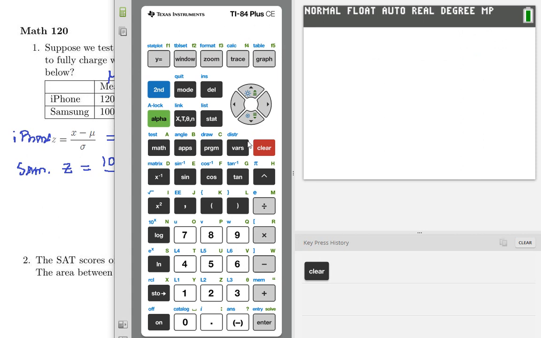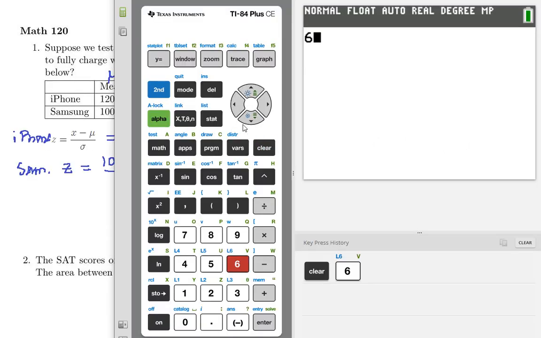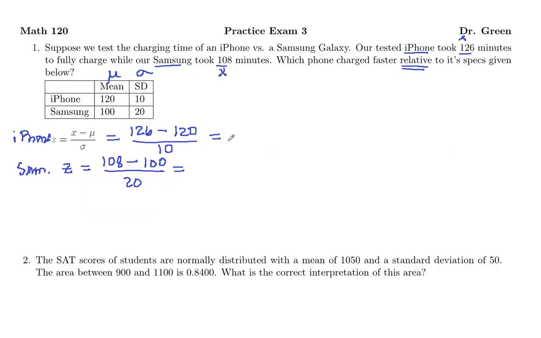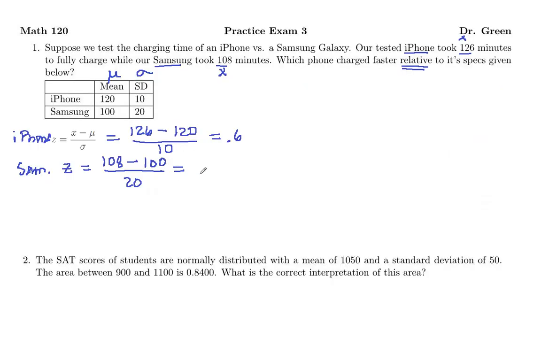For the iPhone, we've got 126 minus 120, that's 6. 6 divided by 10 should be 0.6. So this is a z-score of 0.6. And then 108 minus 100 is 8, divided by 20 is 0.4.